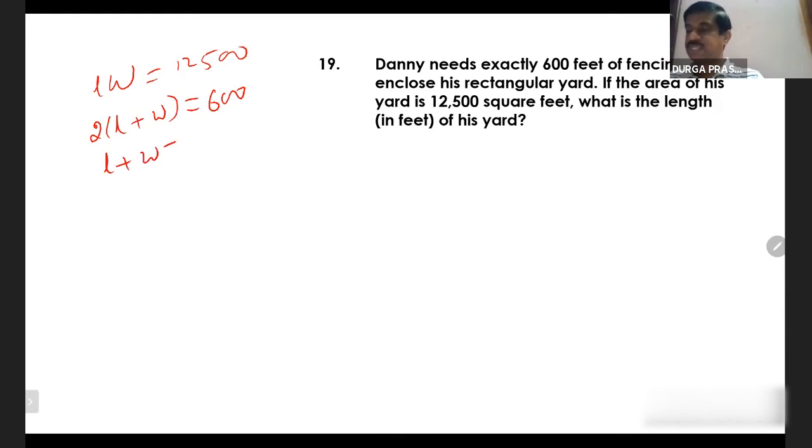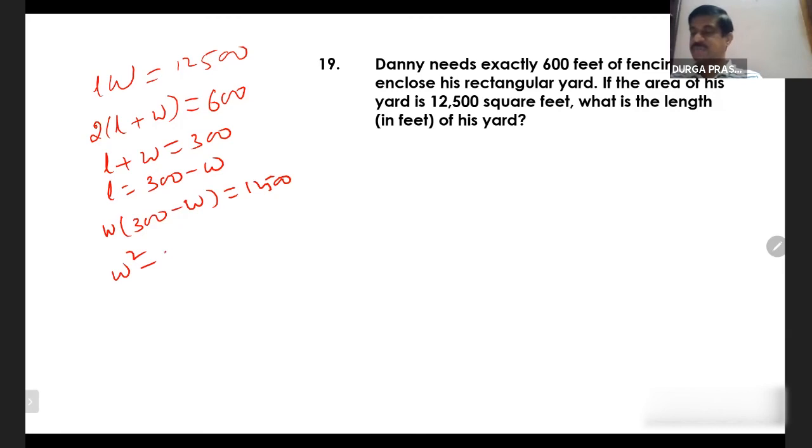Length plus width equal to 300. So length equal to 300 minus width. So substitute it there. So width into 300 minus width equal to 12,500. So width square minus 300 width plus 12,500 equal to 0.